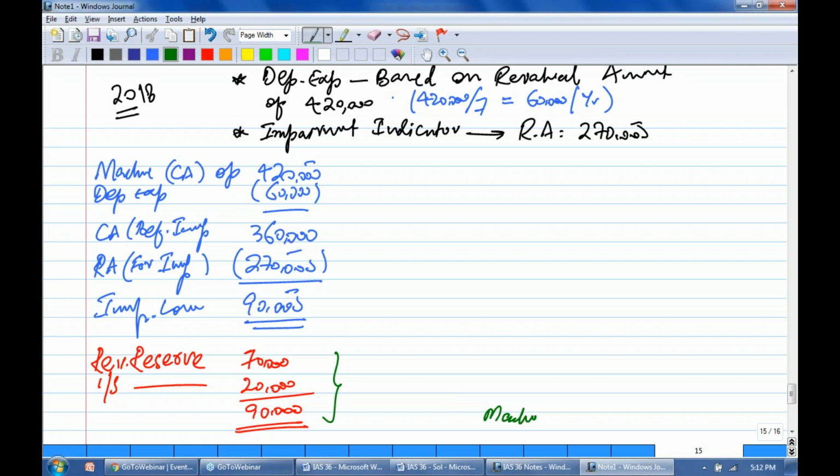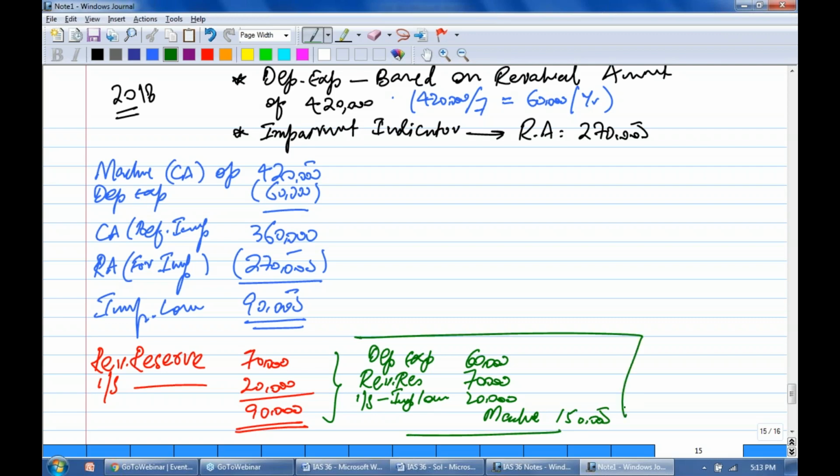With that particular transaction, the non-current asset, the machine value, is credited with respect to depreciation expense, that is the 60,000, and then the revaluation reserve, that is 70,000, and then the income statement as impairment loss, that means 90 plus 60, that's equal to 150,000.